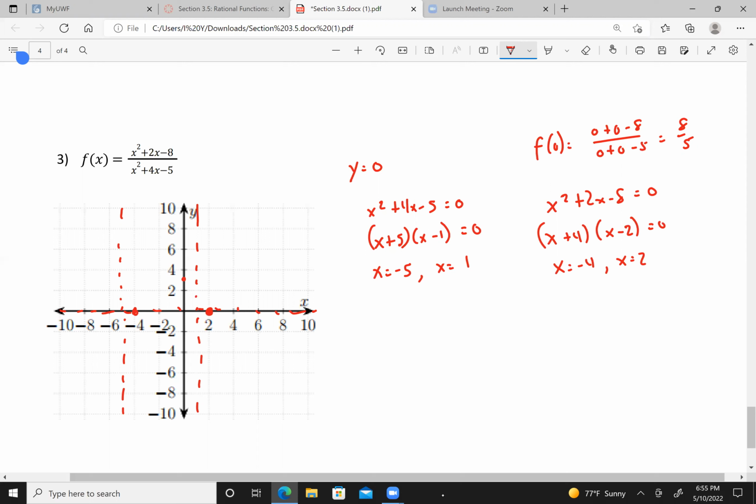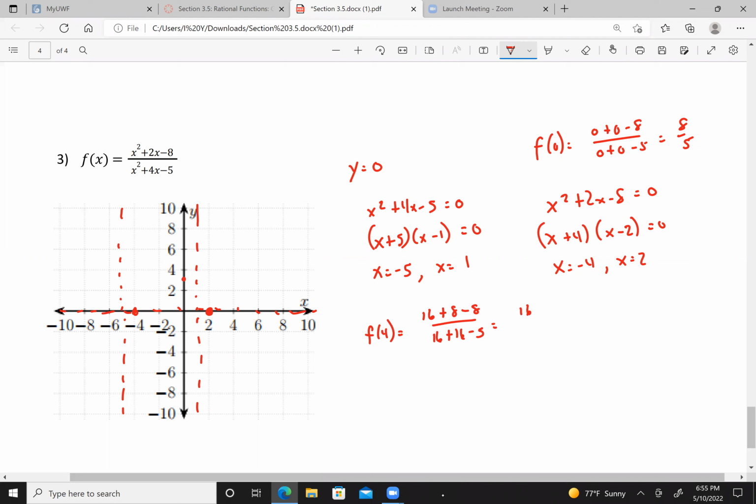Okay, so we need another point. Let's try 4, see what happens. So f of 4, 16 plus 8 minus 8 over 16 plus 16 minus 5.